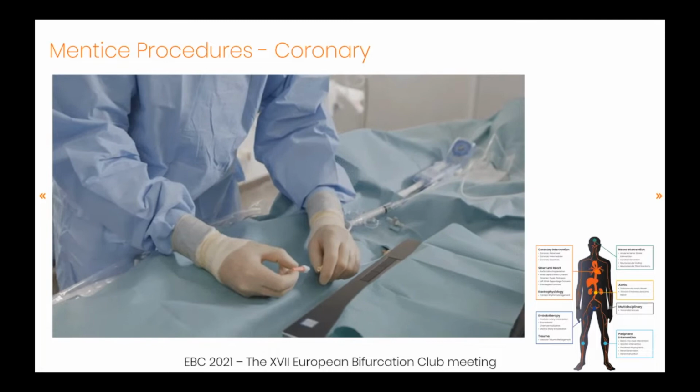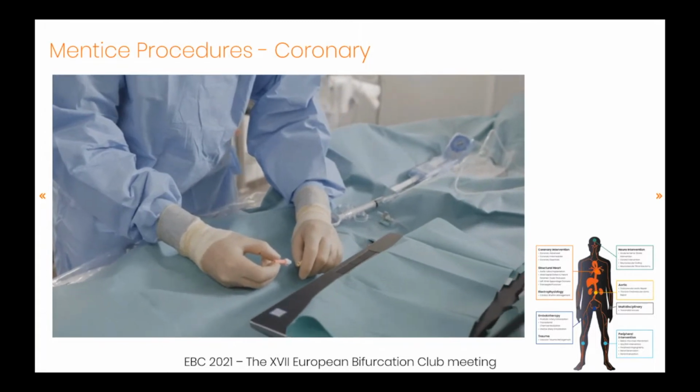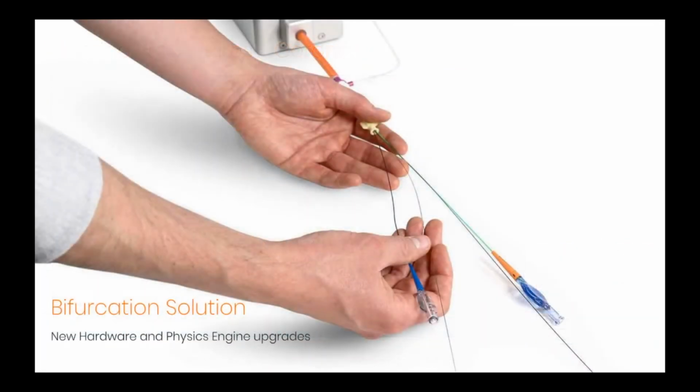Together, we created a training solution for complex bifurcation techniques. But to allow this project to even begin, a new hardware was developed that allows us to track the movements of a guide catheter with 2 wires and 2 balloons simultaneously, a bifurcation hardware, if you will.